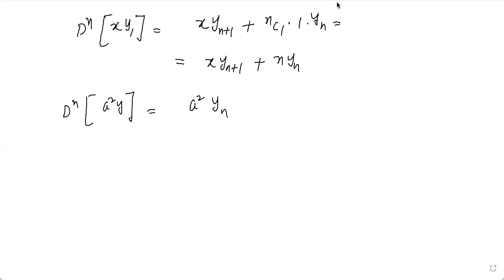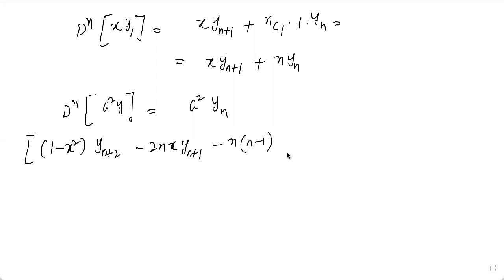So this will be the first one, that is 1 minus x square y n plus 2, minus 2n x y n plus 1, minus n into n minus 1 yn, minus x y n plus 1, plus n into yn, plus a square yn is equal to 0.